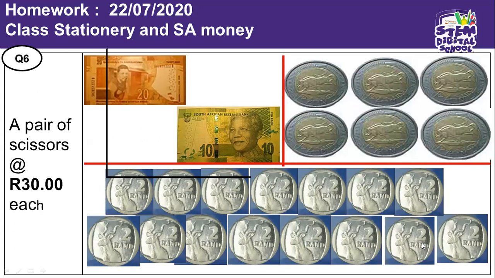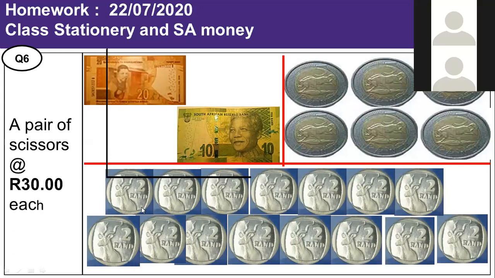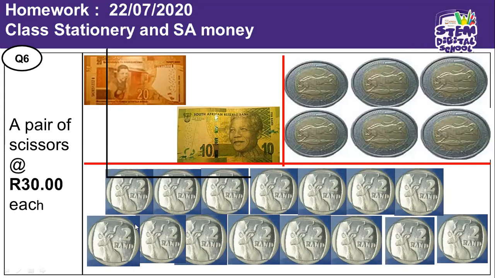Well done. Good, good, good. So you can see that you can actually even use your fingers while counting. And the more you do it, the more you will be able to do it from memory. Okay, well done. So that is another way that you could pay for your pair of scissors.